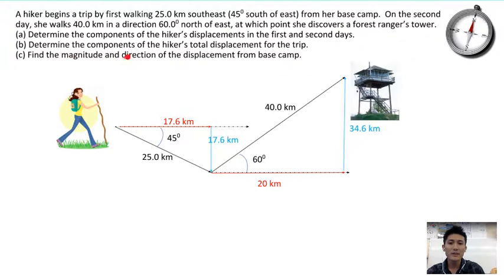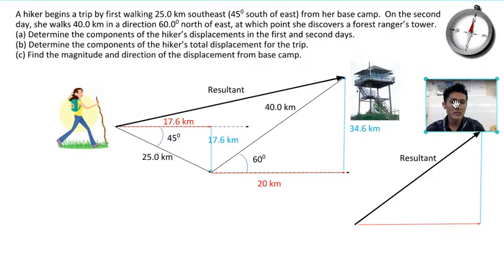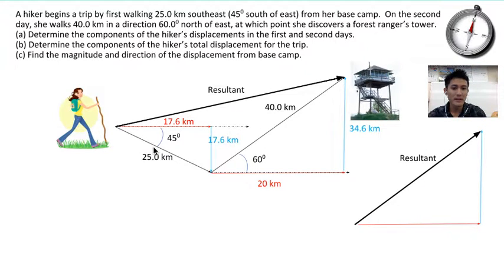But now we want to find the components for the total displacement of the trip. If we take these and add them together, or in this case for the blue, the y component, subtract them, we're going to get another triangle, our new resultant triangle. We want to find this resultant right here.